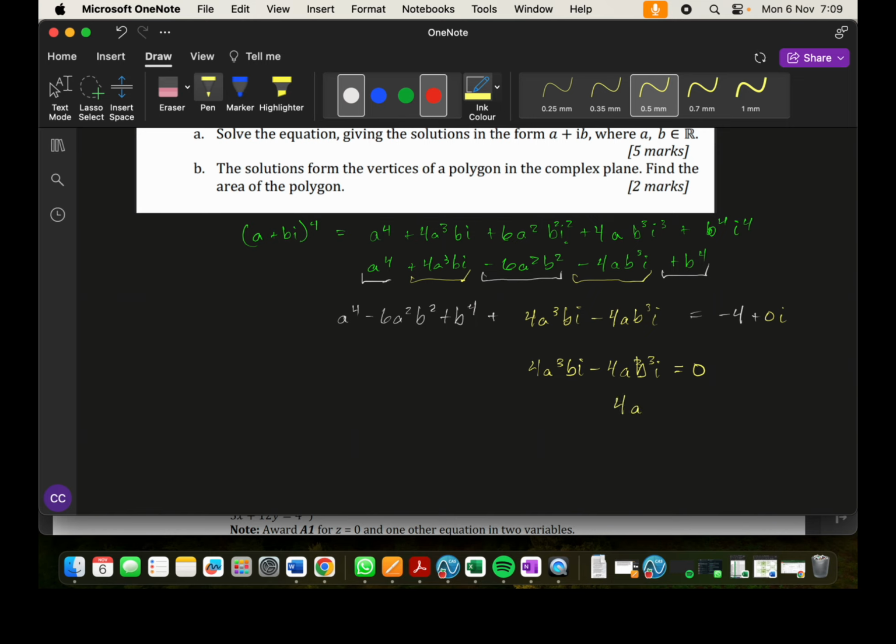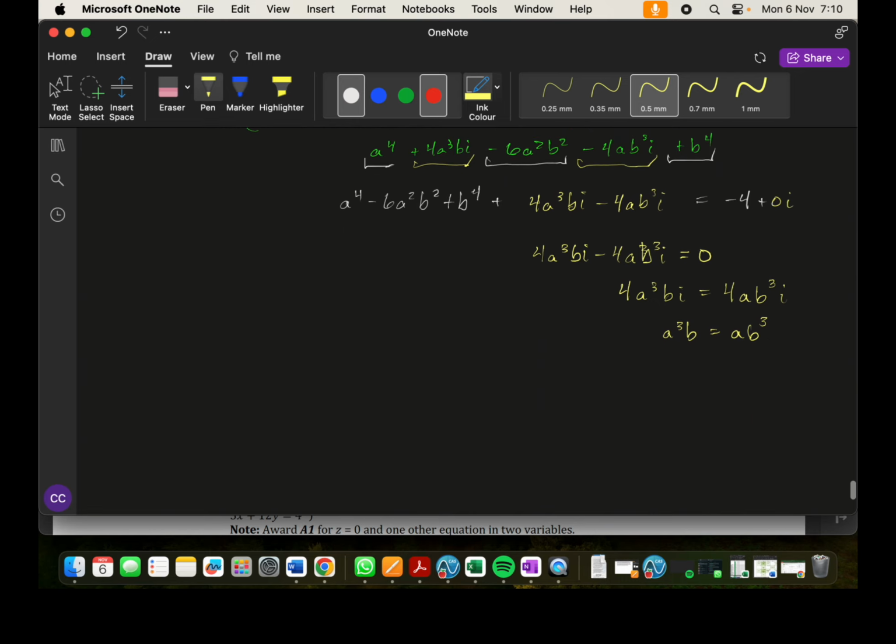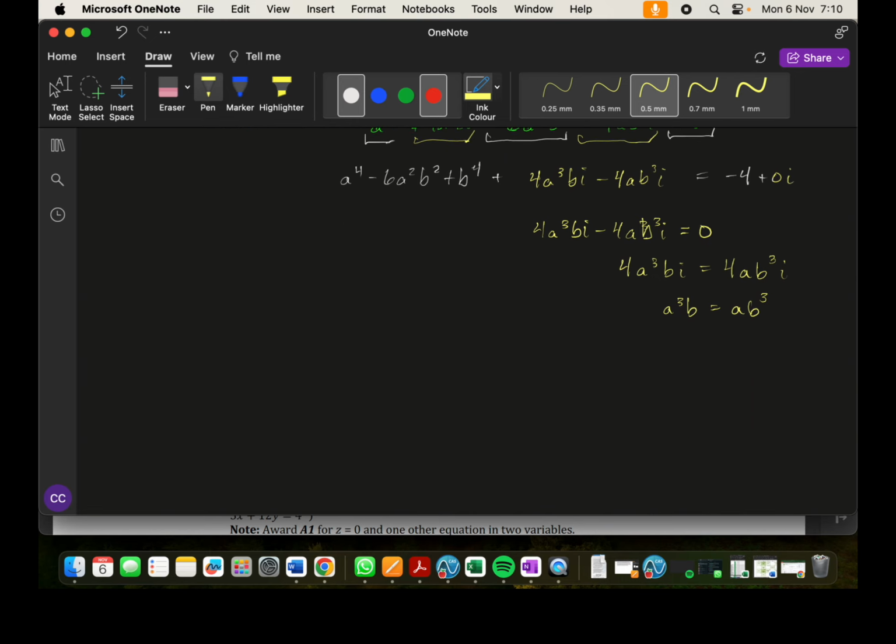So 4a cubed bi is the same as 4ab cubed i. I can divide both sides by 4i, and I get a cubed b is the same as ab cubed. If I divide both sides by a and by b, I get a squared is b squared. Therefore, a has to be plus or minus b.